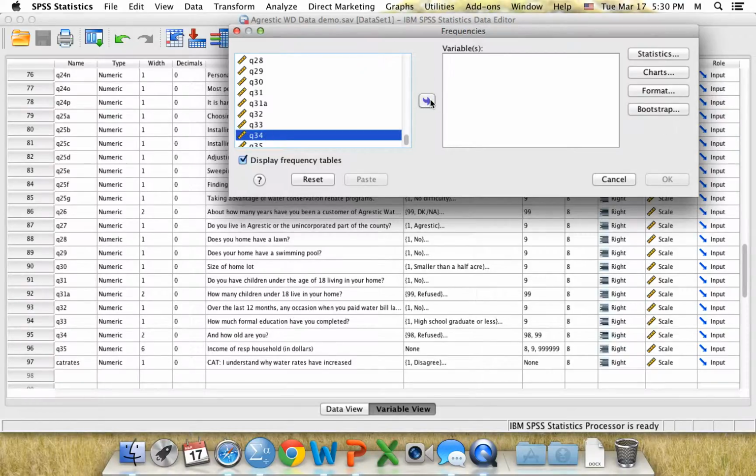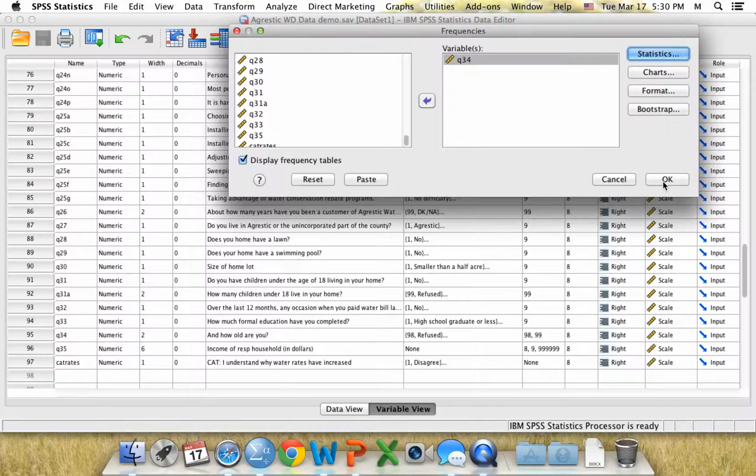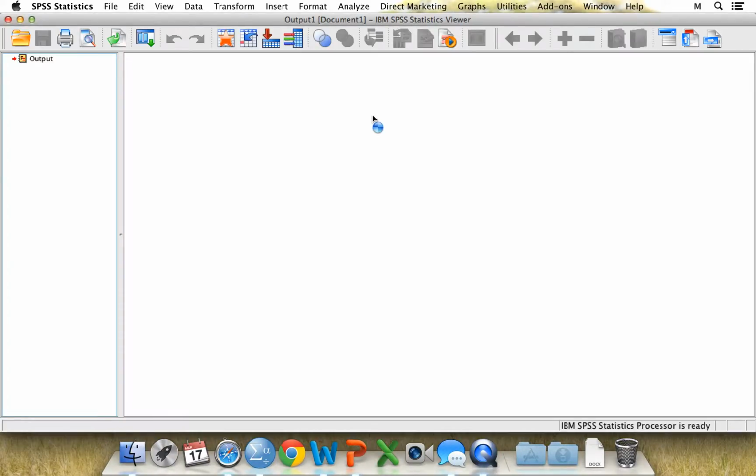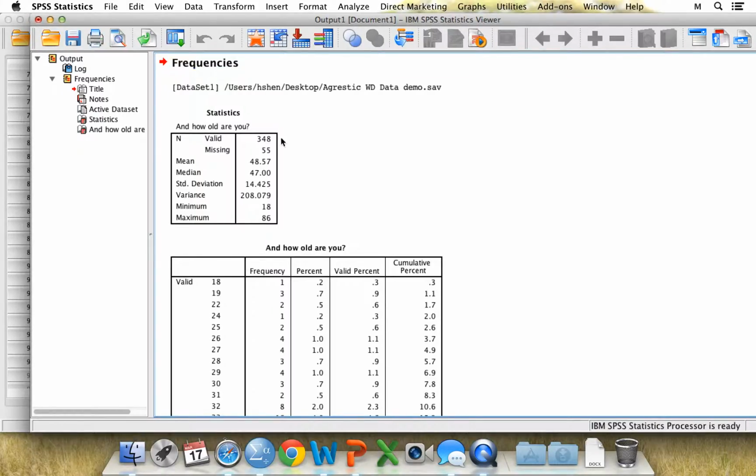So I choose Q34. And I look at Statistics, I select mean, median, standard deviation, variance, minimum, and maximum. The output window pops up, shows me I have 348 cases, 55 missing.